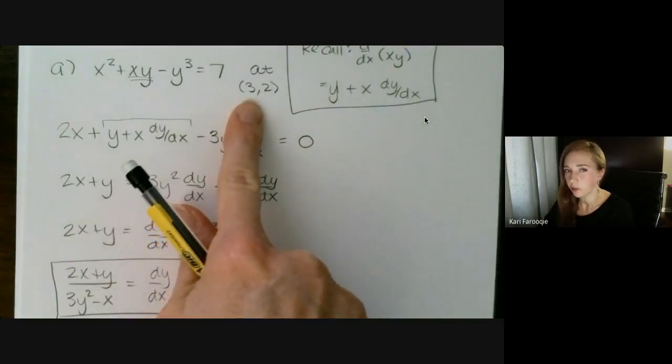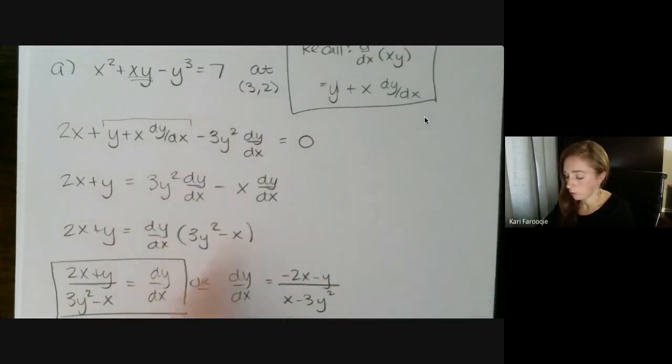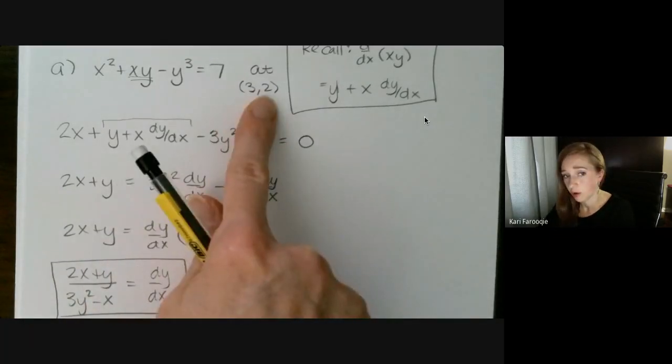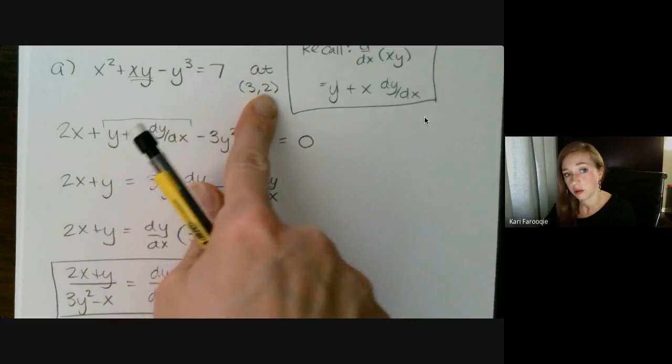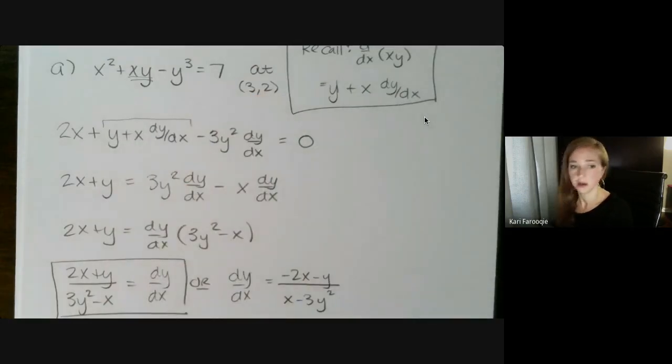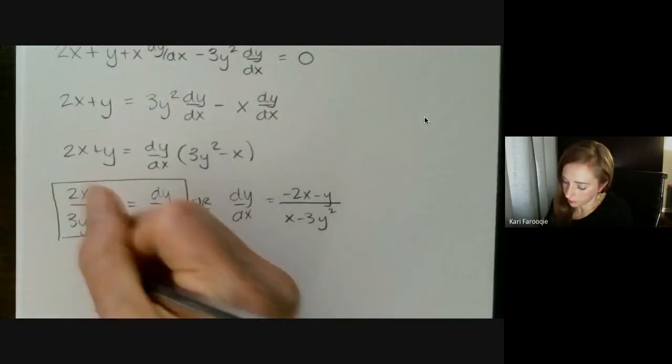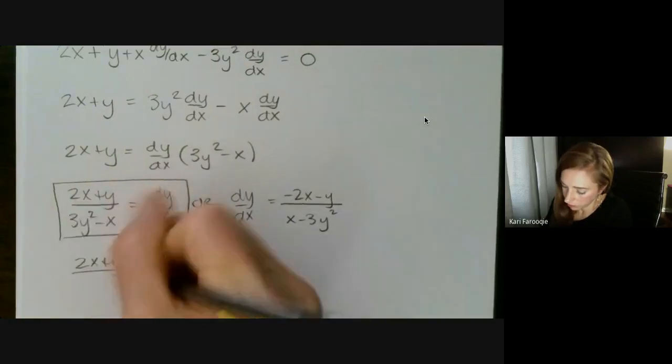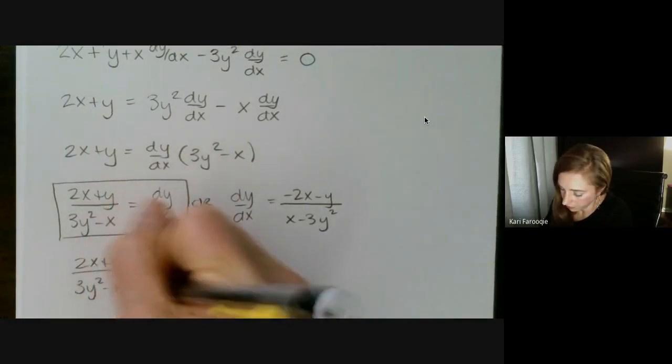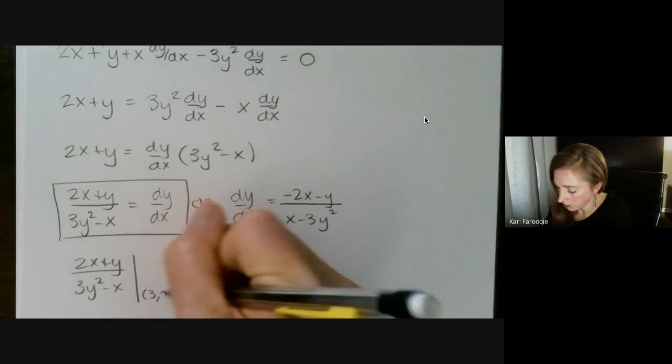Now, normally when we find the slope at any given point, we usually have a derivative that is written all with respect to x. So we don't need to worry about the y coordinate. In this case, we need to really use both of these quantities. So I'm going to take my derivative, and I'm going to evaluate it at the point 3,2.